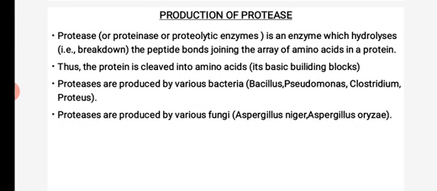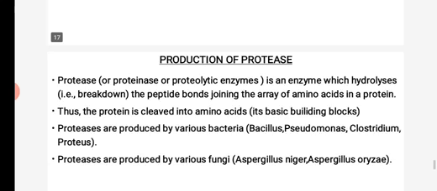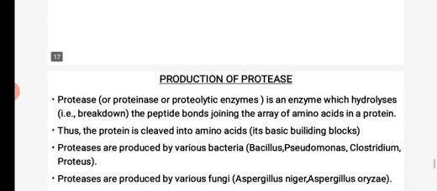So you should write that protease is produced from bacteria like Bacillus, Pseudomonas, Clostridium, and from fungus like Aspergillus niger, Aspergillus oryzae.